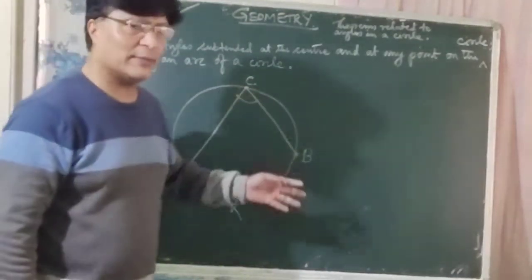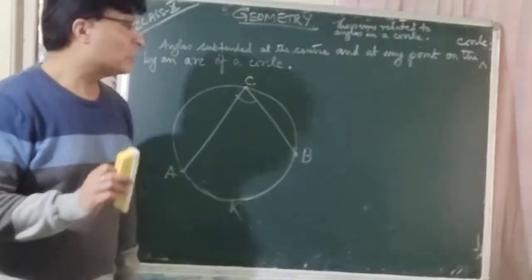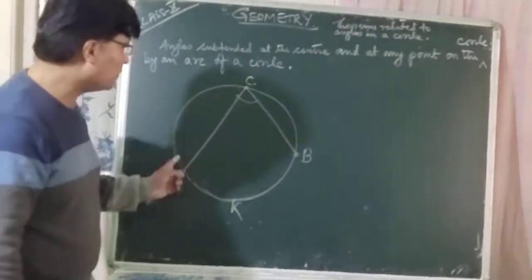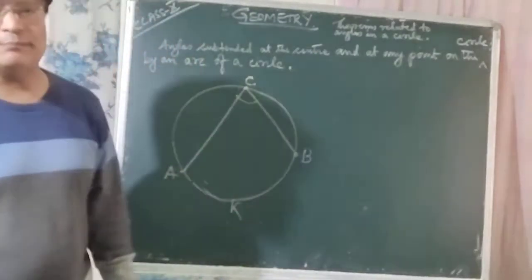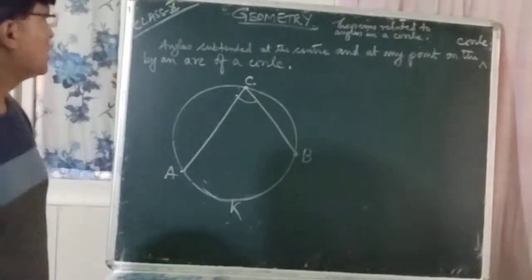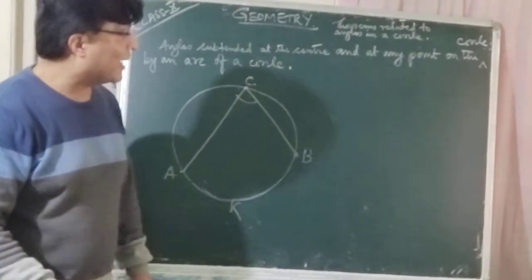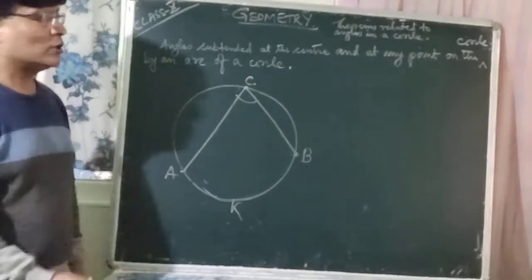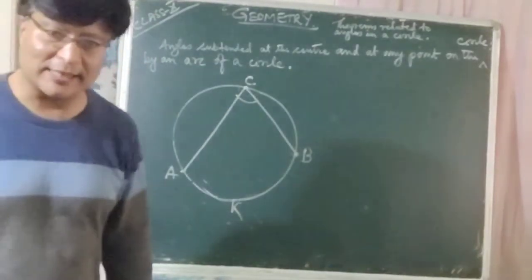So this is the concept of angles subtended at the center and at any point on the circle by an arc of a circle. Is that clear?